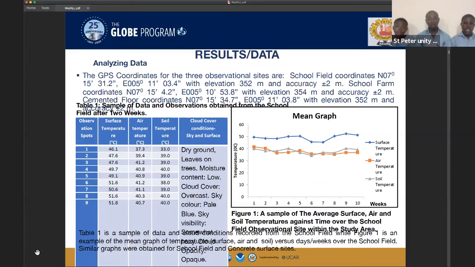Now, in weeks 5, 6, 7, 8, there is a drastic decrease in the surface air and soil temperature. While in weeks 8, 9, and 10, there is a fast increase in the surface air and soil temperature. Next slide.